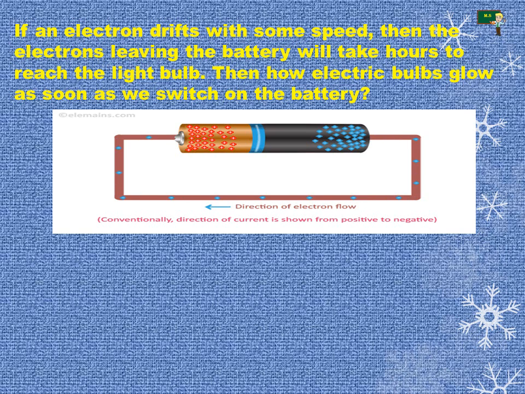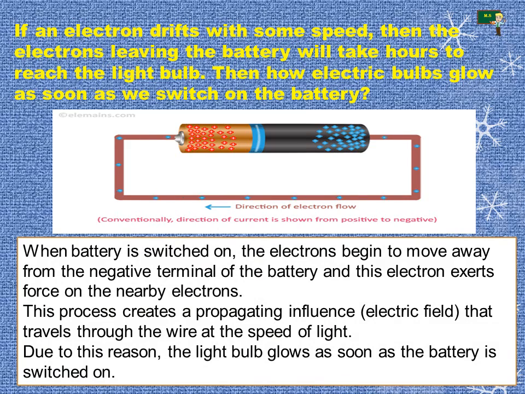In other words, the energy is transported from the battery to the bulb at the speed of light through the propagating influence, that is the electric field, and due to this reason the electric bulbs glow as soon as the battery is switched on.